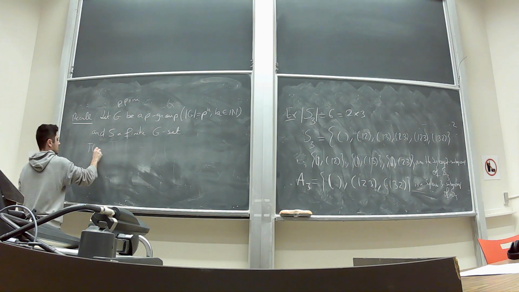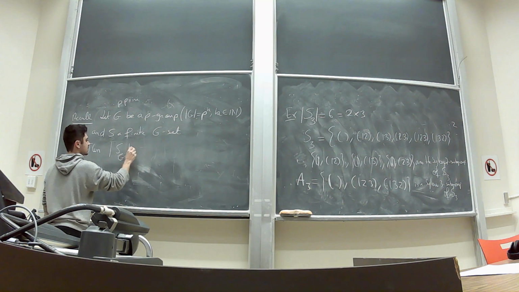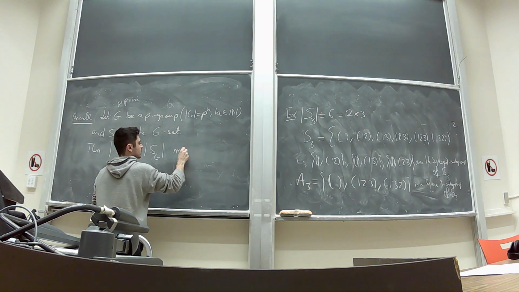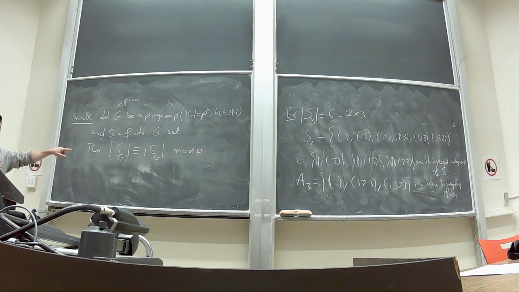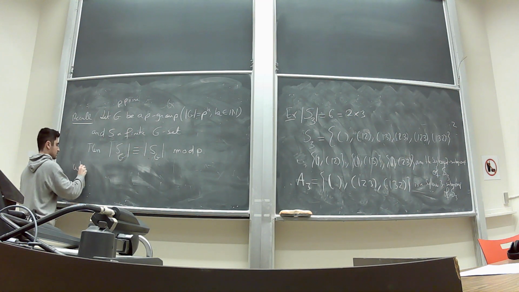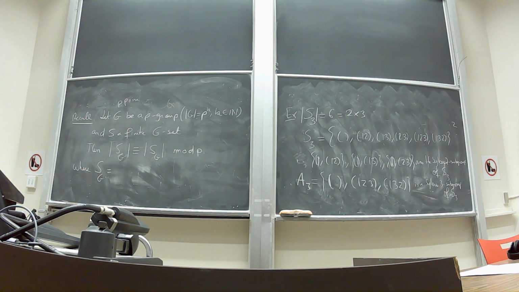Then we said that the cardinality of S is congruent to the cardinality of the set of fixed points mod p, right? Where S^G is the set of singleton orbits. It's the union of singleton orbits.